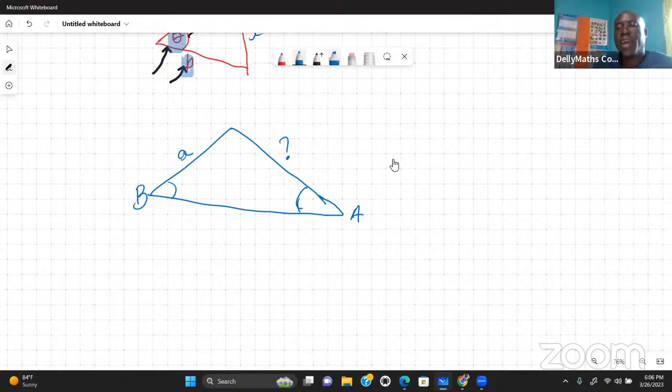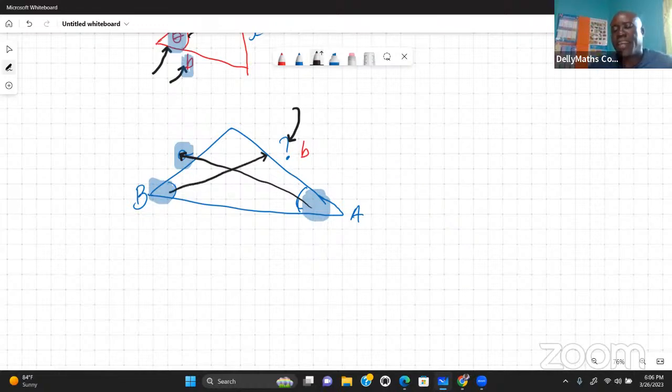So we have the angle at B, we have the angle at A, and we have a side opposite to A. Now, if we're asked to find this side, which is opposite to B, and I'm going to call it little b, as long as we are able to establish a relationship between sides or angles and sides opposite to them, if we can find two pairs, and if one of the elements is missing, we're good to use the sine rule.